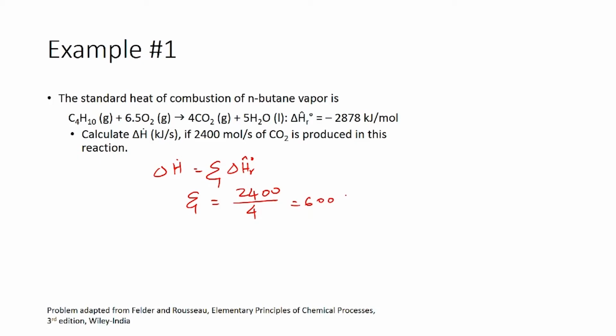Now that we have 600 as the extent of reaction, delta H dot would be equal to 600 times minus 2878 kilojoules. So, that is the total change in enthalpy associated with this process. The numerical value for this would be minus 1.73 times 10 power 6 kilojoules per second.